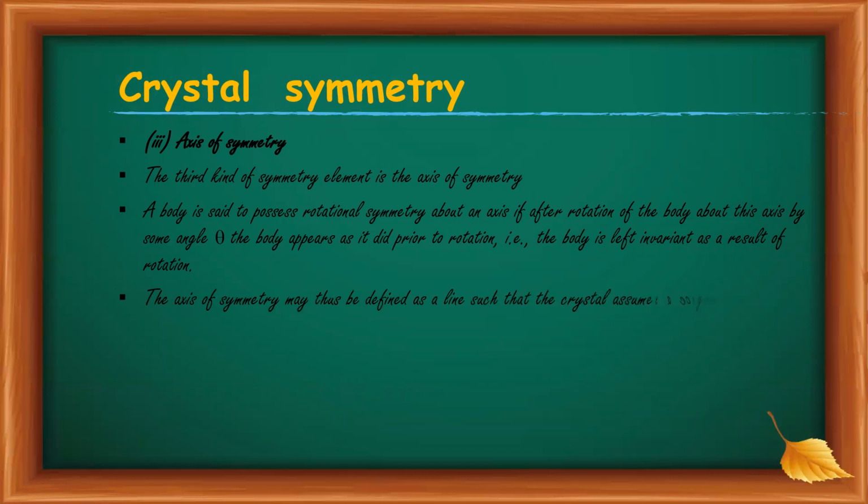This axis of symmetry may thus be defined as a line such that the crystal assumes a congruent position for every rotation of 360 by n degrees.